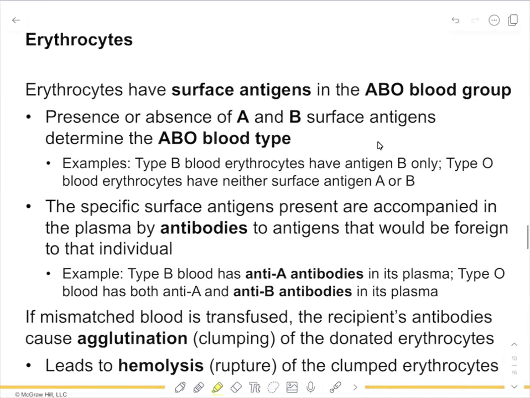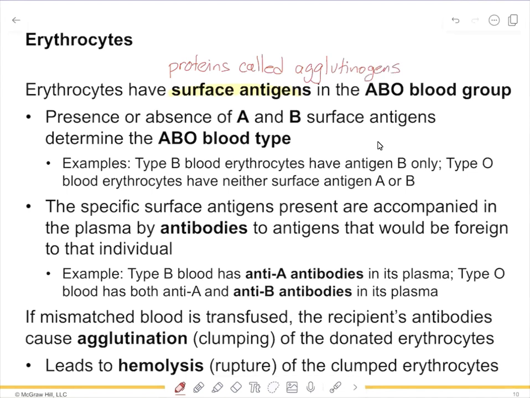The other unique thing about erythrocytes is that they have what are called surface antigens on them. And these are specialized proteins which are called agglutinogens.